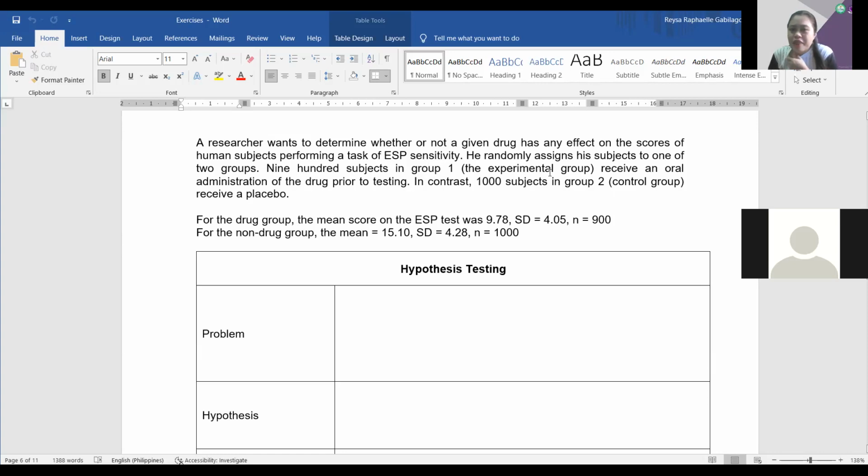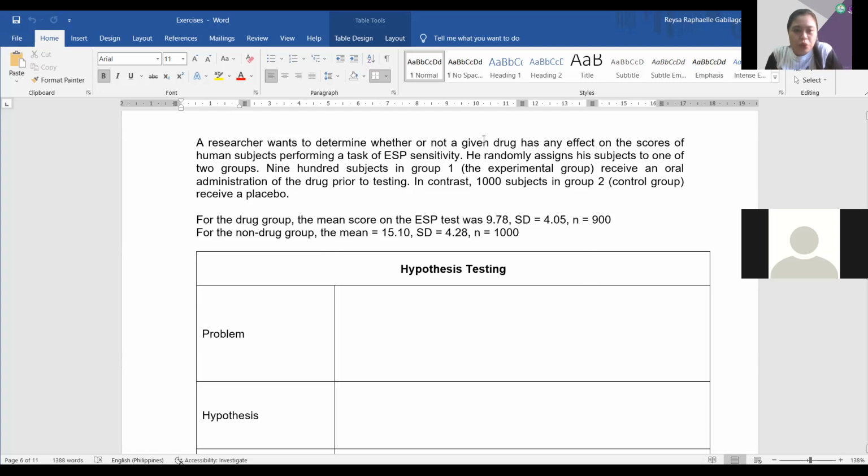In contrast, 1,000 subjects in group 2, the control group, receive a placebo. For the drug group, the mean score on the ESP test was 9.78. The standard deviation is 4.05, and the sample size is 900. For the non-drug group, the mean is 15.10. The standard deviation is 4.28, and the sample size is 1,000.